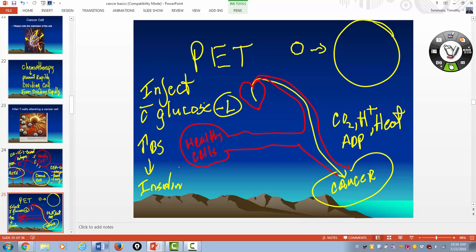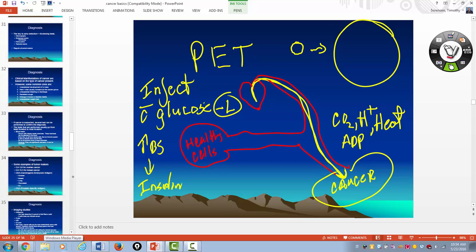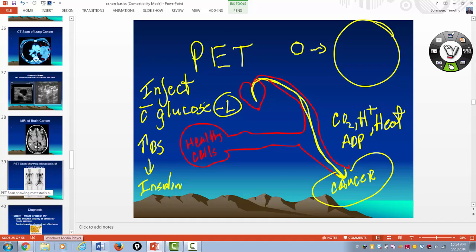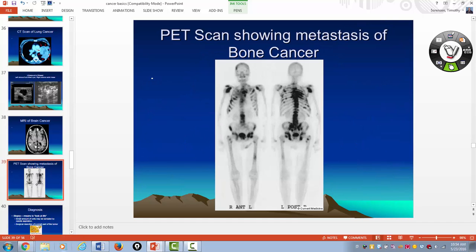But in the case of cancer, right, because the cells are so metabolically active, the vast majority of that glucose is going to go to the cancer cells, and it's going to enter the cancer cells. And when you do the positron emission tomography scan, it's going to light up. And the dark spots here show where the cancer is present.